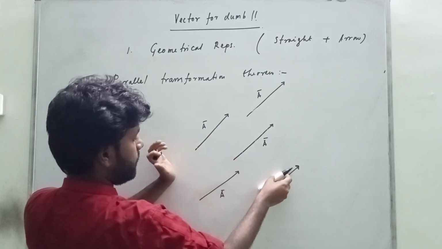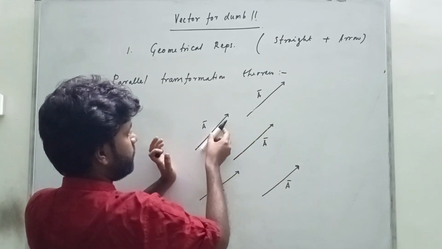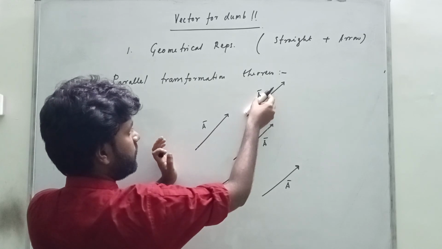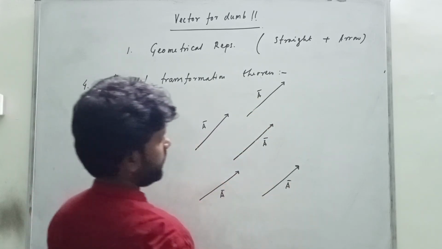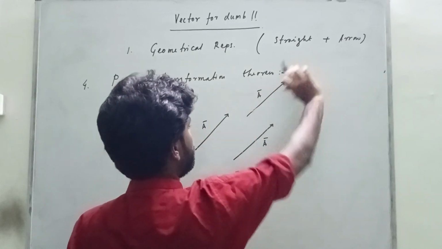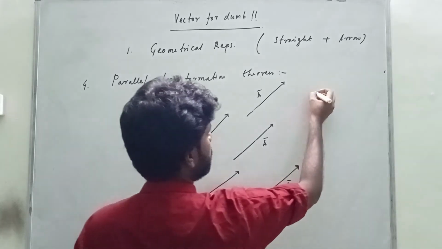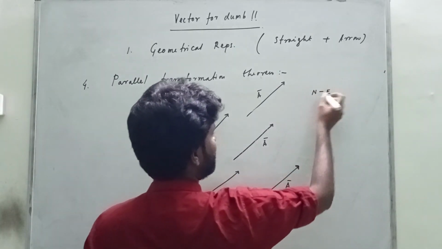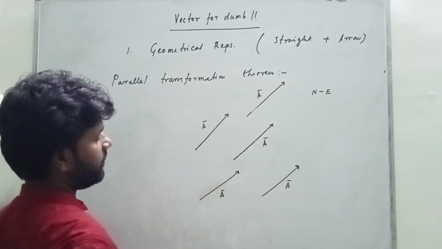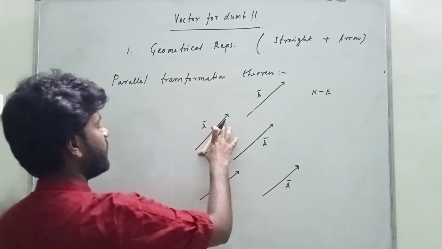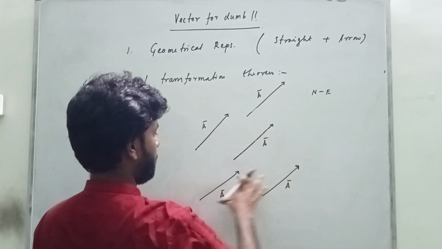And I shifted my pen parallel to itself, so the directions remain the same. All the vectors are directed towards probably northeast, and the magnitude of all vectors remains the same.